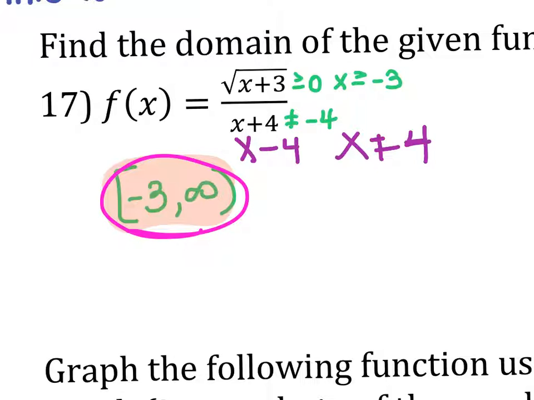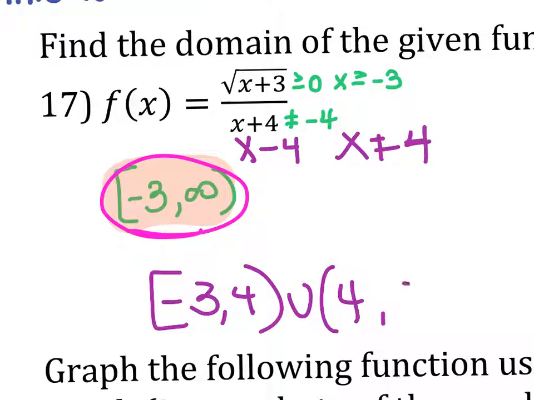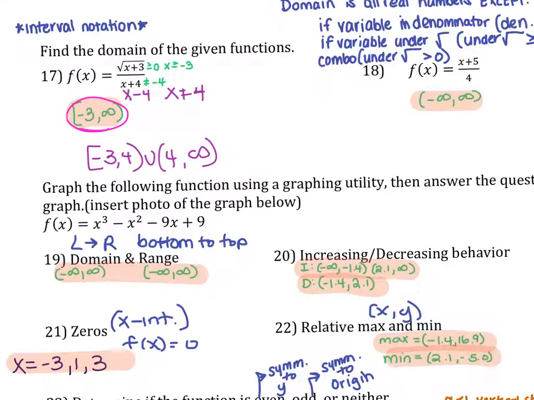So if this happens, then you have to change it so that it goes from -3 up to 4, but can't include 4, and then starts at 4 again and goes to positive infinity. So if your not equals falls within the range that you have from your other one, you have to make sure that you account for it. Does that make sense? Everybody understand that? Yeah? Okay.